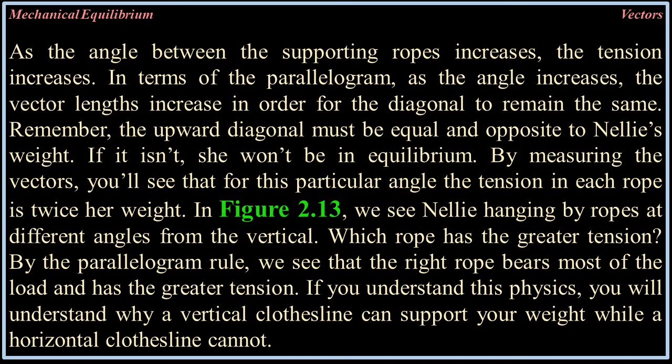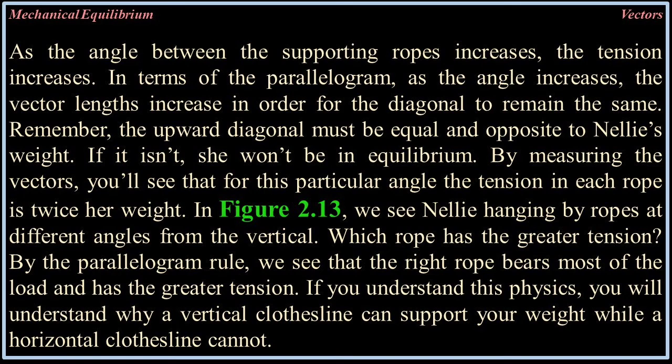By measuring the vectors, you'll see that for this particular angle, the tension in each rope is twice her weight. In figure 2.13, we see Nellie hanging by ropes at different angles from the vertical. Which rope has the greater tension?